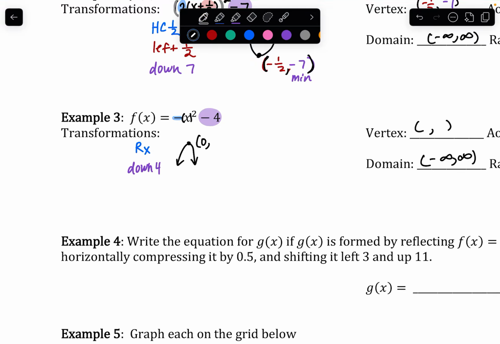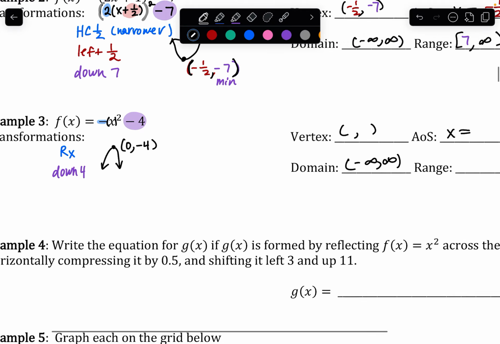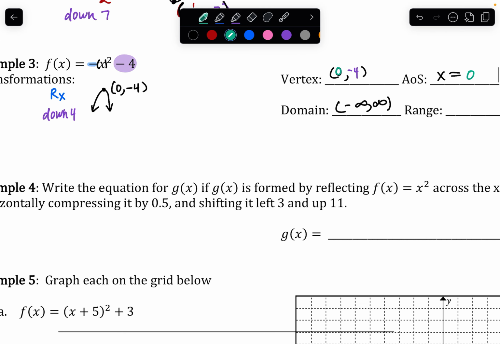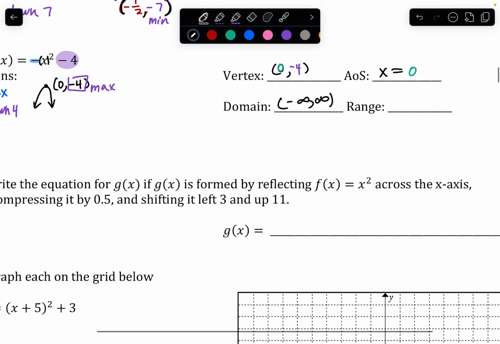We didn't move left or right, but we did move down 4. Okay, and so (0, -4). And so x equals 0 is our axis of symmetry. This -4 is a maximum now. And so my range is going from negative infinity to -4 with a bracket.